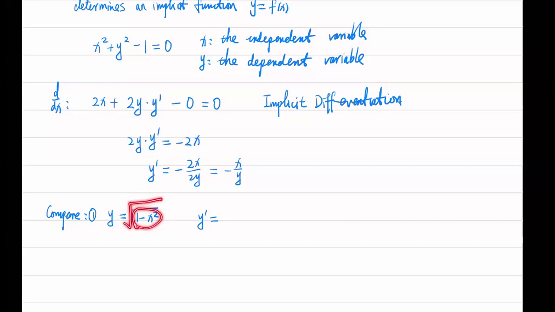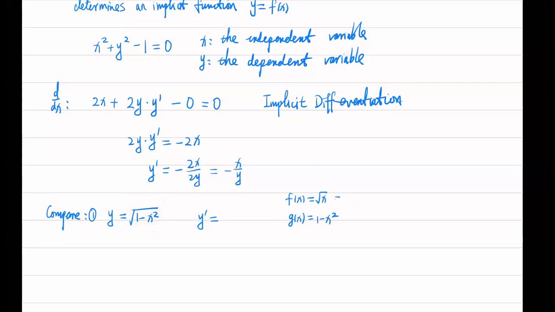So it's a composition. Chain rule. Yes. What's the derivative of f?